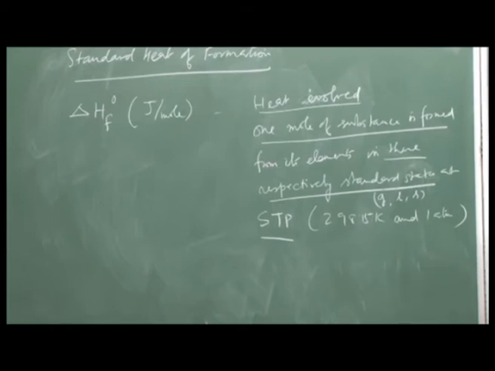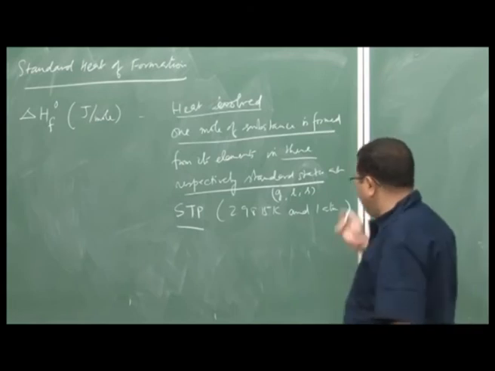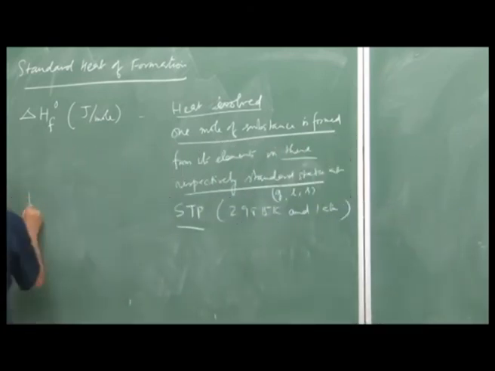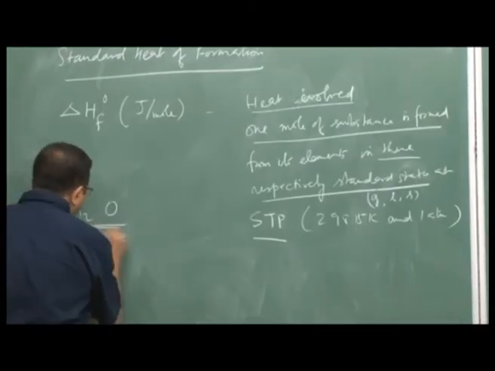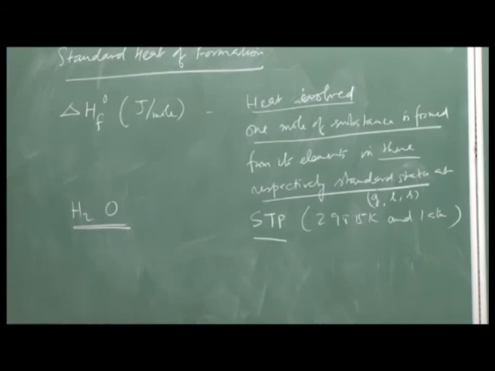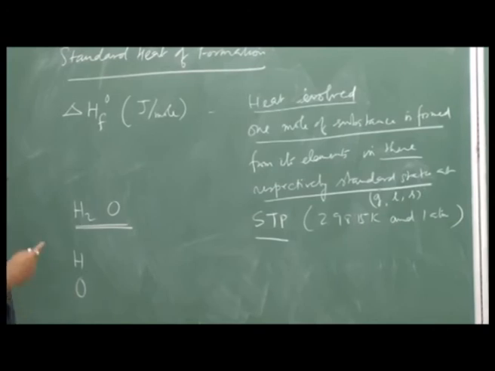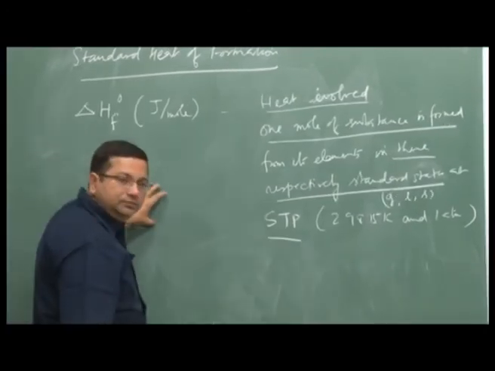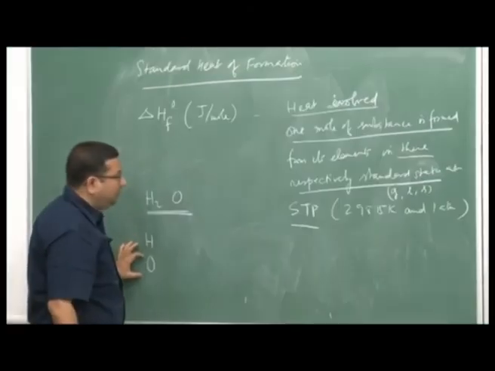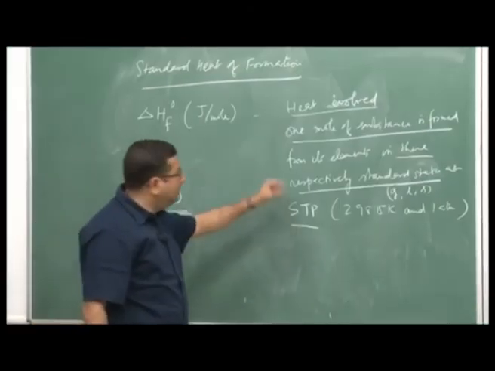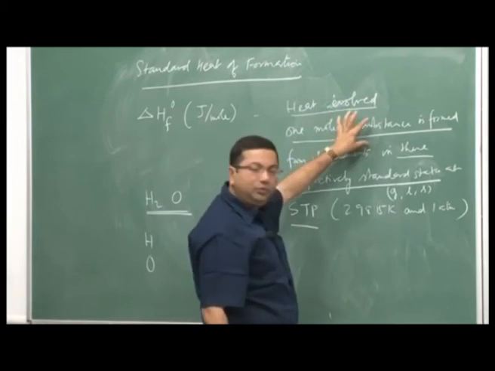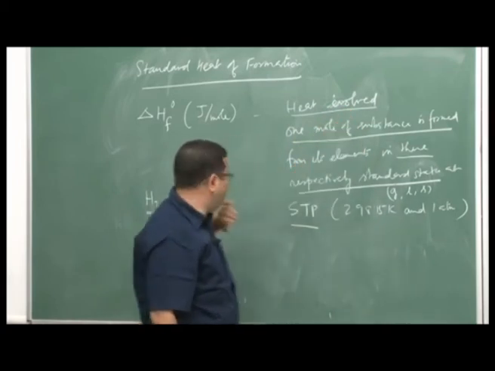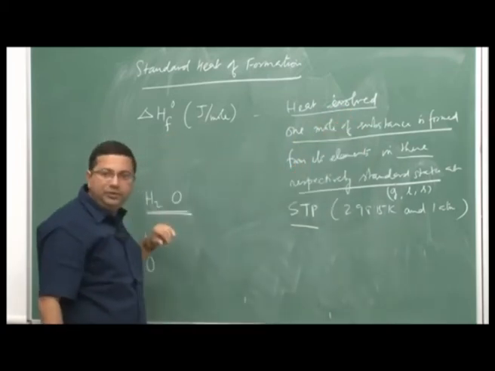Okay. So, every element, for example, let us look at water vapor. What are the elements present in this water vapor? We have hydrogen and oxygen, 2 atoms. So, those are the elements. So, when water vapor is produced by hydrogen and oxygen at a standard state, then the heat evolved to produce 1 mole of water vapor is called heat of formation of water vapor.